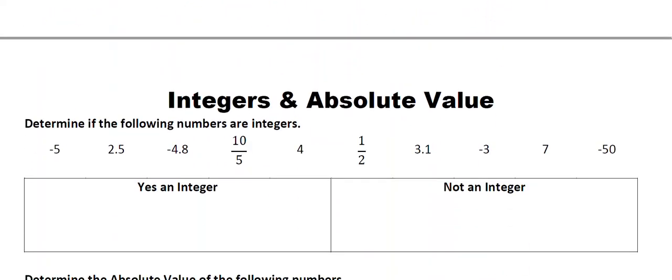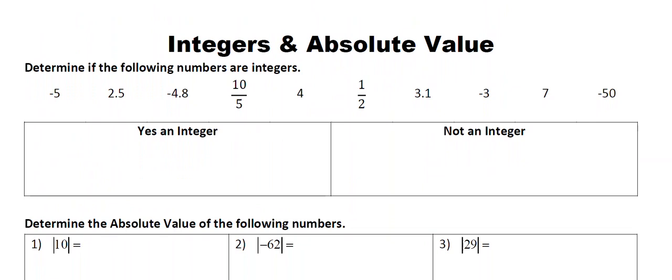Now on the next page, we're going to talk about if they are actually integers. And remember, in order to be an integer, they have to be a positive or a negative whole number. They can't be a decimal or divide to become a decimal. So if I look at the first one, this negative 5, is it a whole number? Yes, it is, so it is an integer. Now this one, 2.5, I have this decimal of 0.5 here. I can't have a decimal, so that is not an integer.